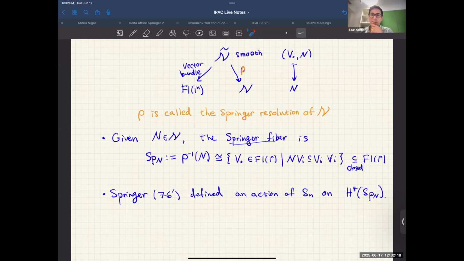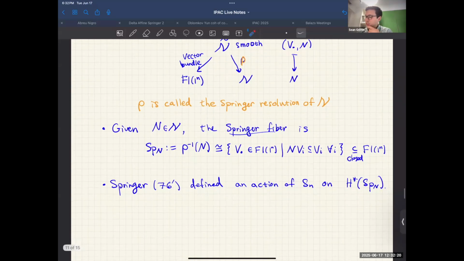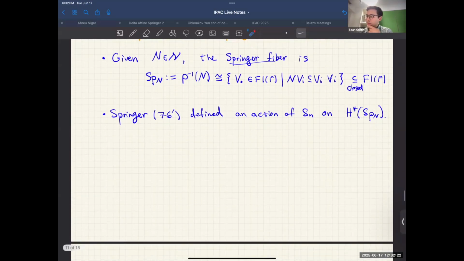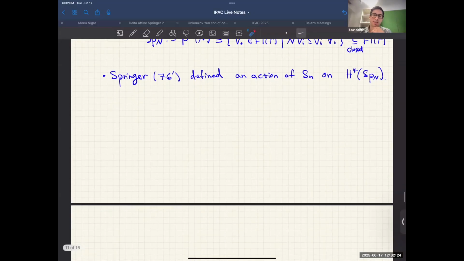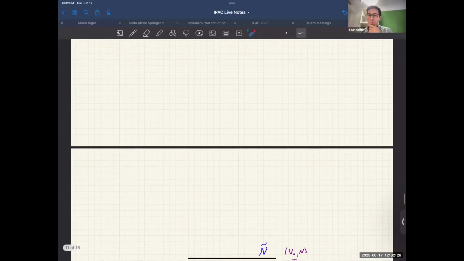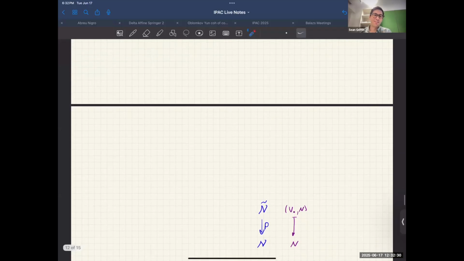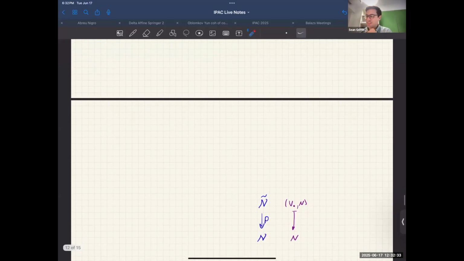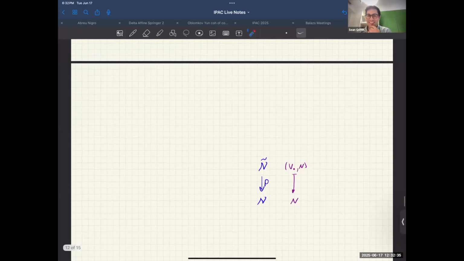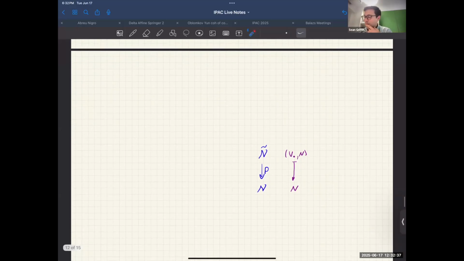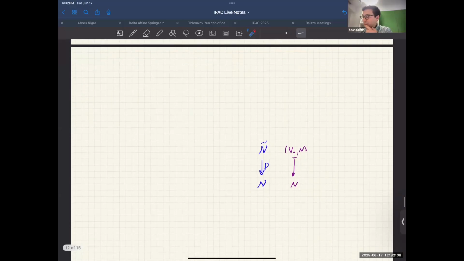And I wanted to take a little bit of time to explain how that action works, or really, at least how to construct it. And maybe the effect will just be understanding that it's a non-trivial construction, but that's okay. So how do we construct the action on the cohomology of every single fiber of this map?